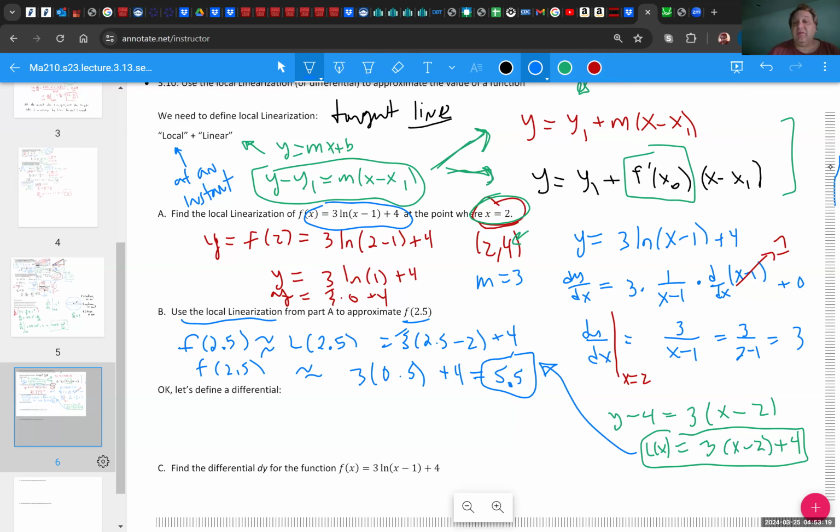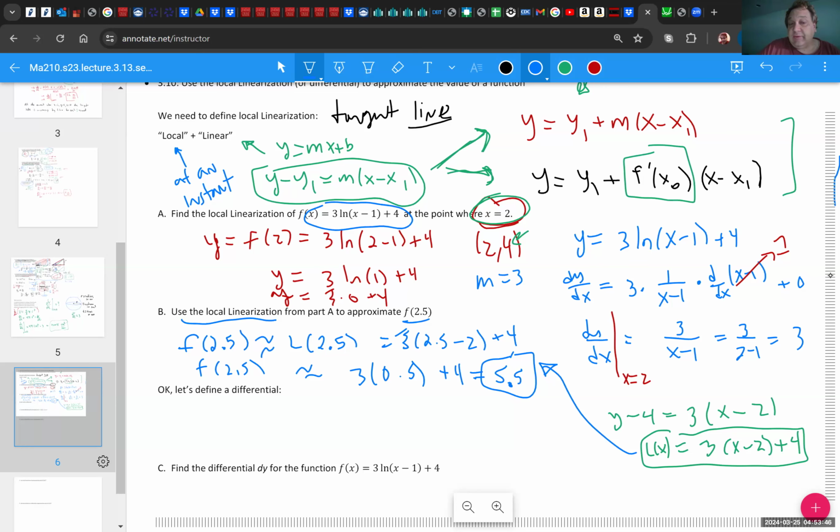So there are reasons why we would like to use this other than just an exercise in pretending we don't have a calculator. All right, so that is what a local linearization is, and that's how we use a local linearization to approximate a value of the function, as long as what we're trying to approximate is reasonably close to the instant that we found the tangent line at.